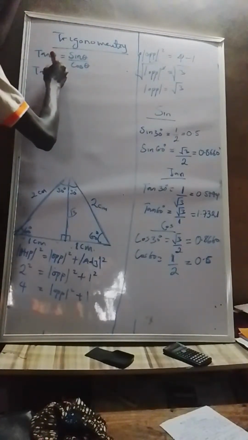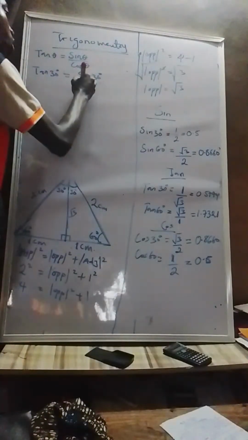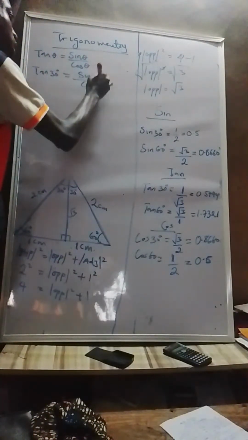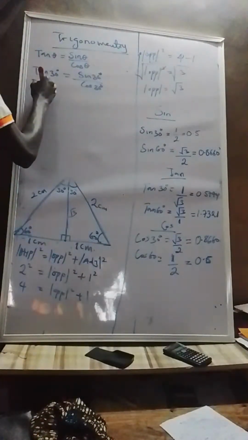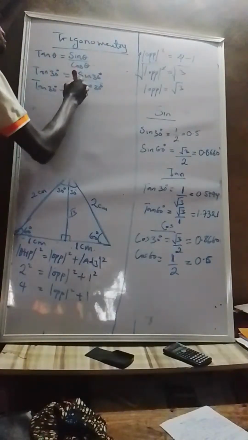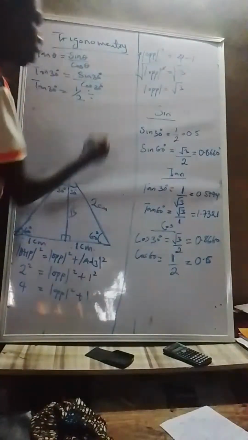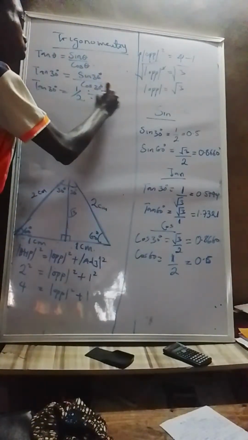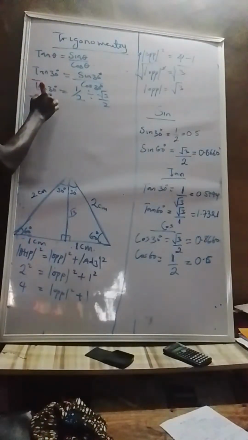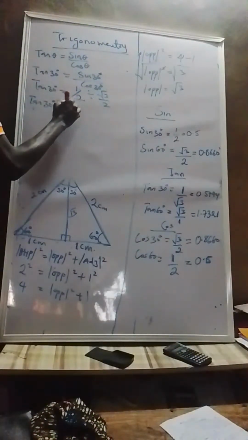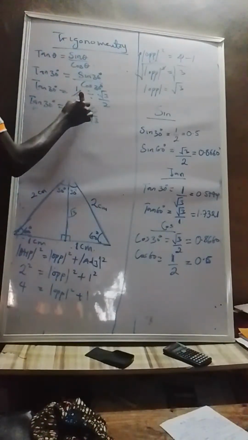Tan 30 must give us sin 30 over cos 30. Now, what is sin 30? 1 over 2. Sin 30 equals 1 over 2 divided by cos 30, which is root 3 over 2. Now, let's check. We are going to see that tan 30 is going to give us 1 over 2 times 2 over root 3. This one will be cancelled.